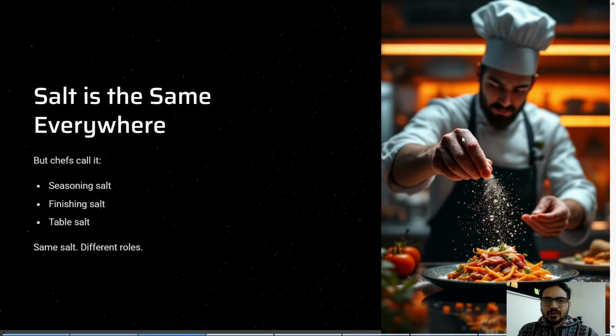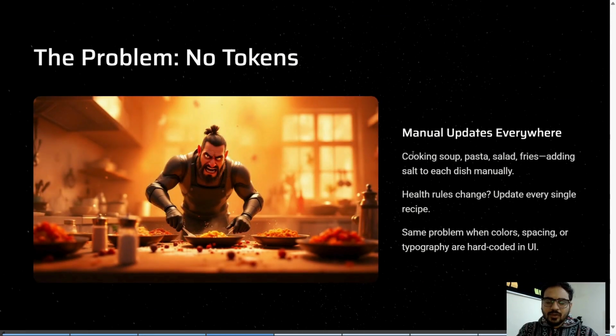So a chef is using salt in multiple dishes. It is the same salt, but they call it different salt names like seasoning salt, finishing salt, and table salt. Same salt, but different roles. And suddenly a health rule comes in to change some of the ingredients.